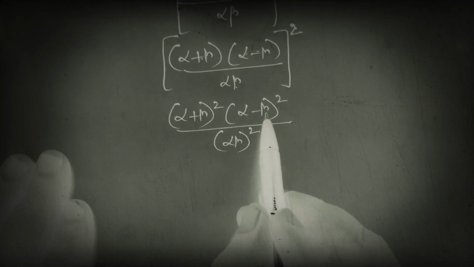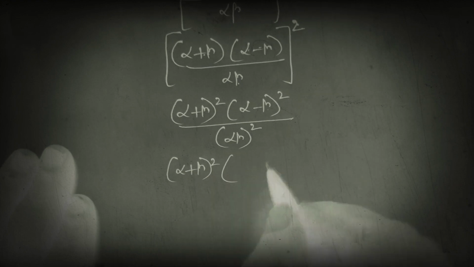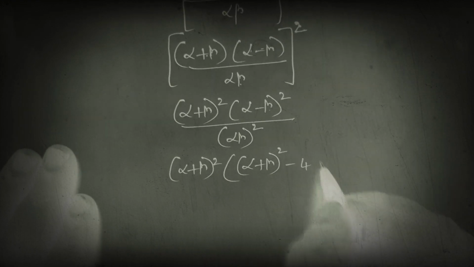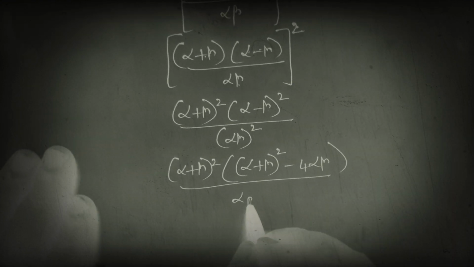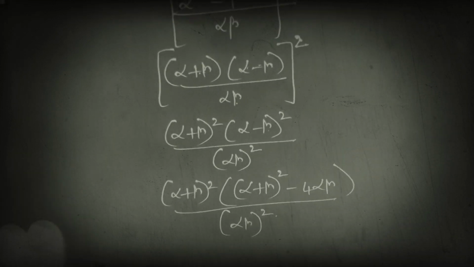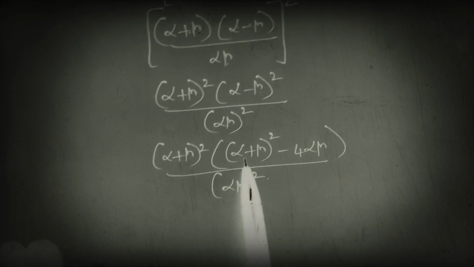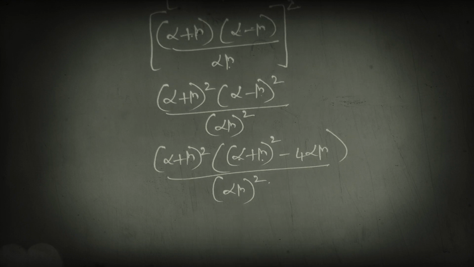So alpha minus beta whole square we can write as alpha plus beta whole square minus 4 alpha beta. Expand and see, you get back alpha minus beta whole square.